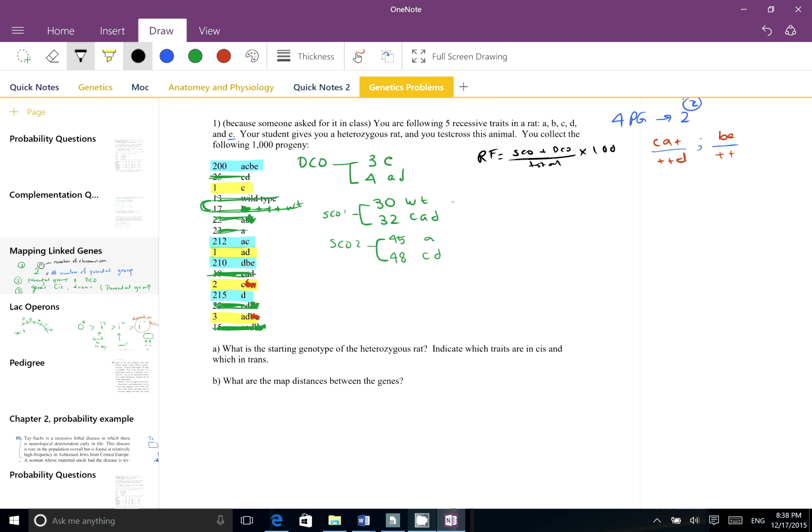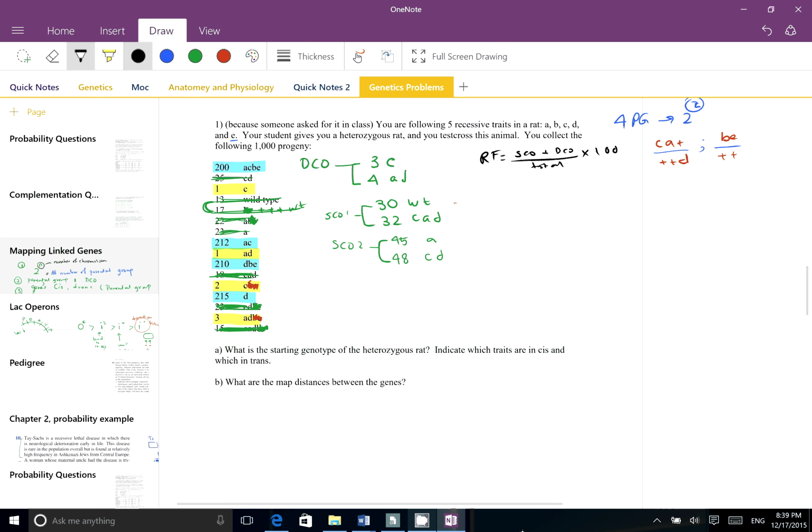Okay, so I wrote down my equation and now I can find the answer. And then, as I said, the order is C A D, right? That's how the order goes. Put positive for this one.